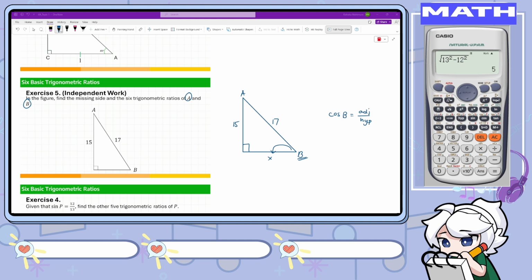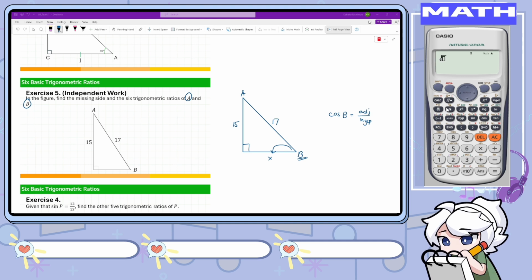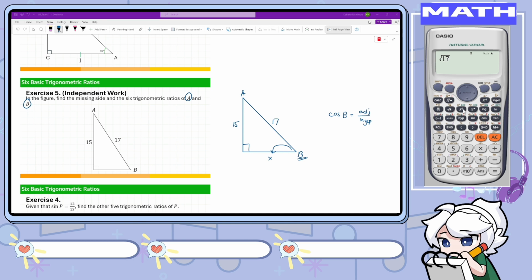So let me solve that using the calculator. It's simply getting the square root of the square of the hypotenuse minus the square of the other leg, being 15 squared. Let's check. The answer should be 8. So this is 8.